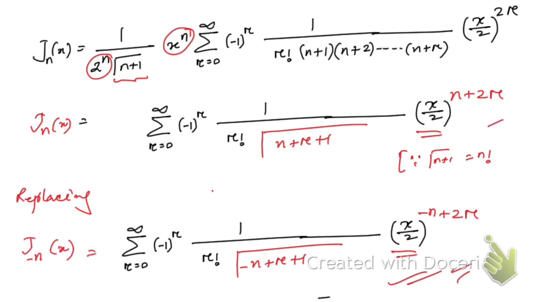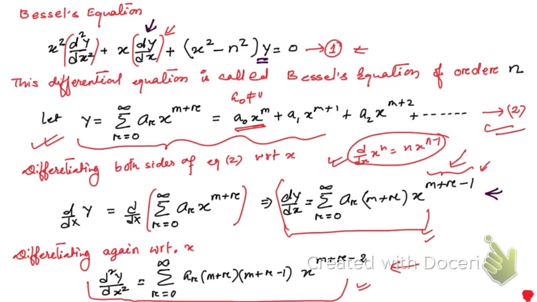Now combining these two functions, we can write the general solution of the Bessel's equation. That means equation number 1 that I have written on the first page. Let me show you this differential equation number 1.